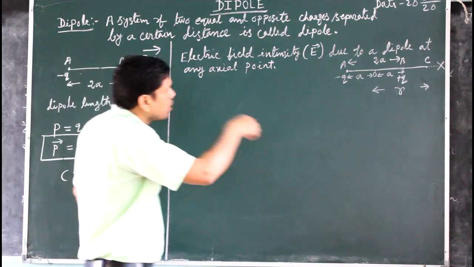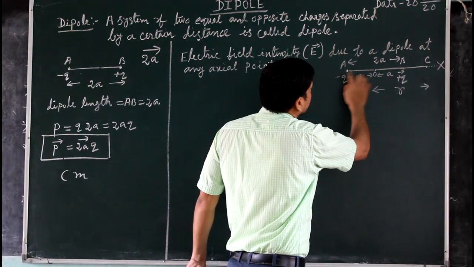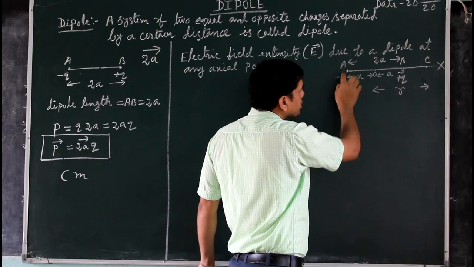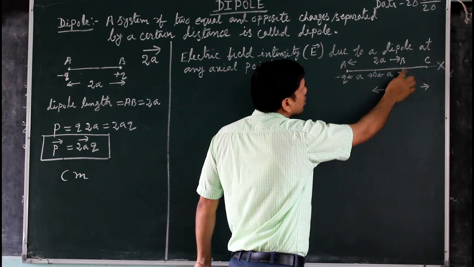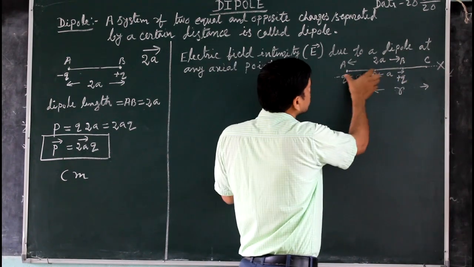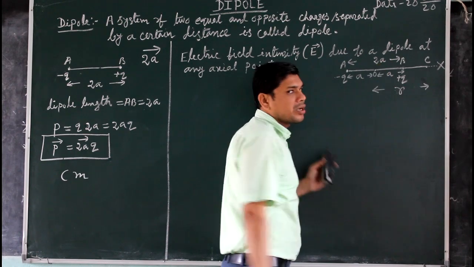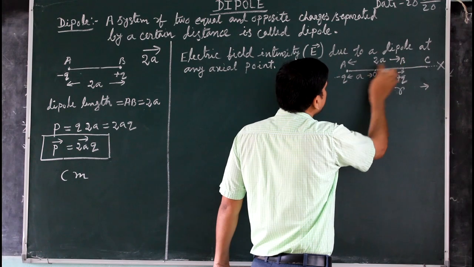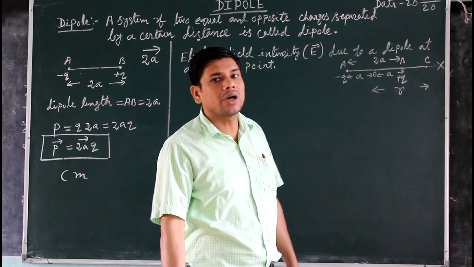Here we have drawn this dipole: at point A the minus q charge is present, and at point B the plus q charge is present. The distance of separation between these two point charges is 2a. So here AB is called the axis of the dipole.